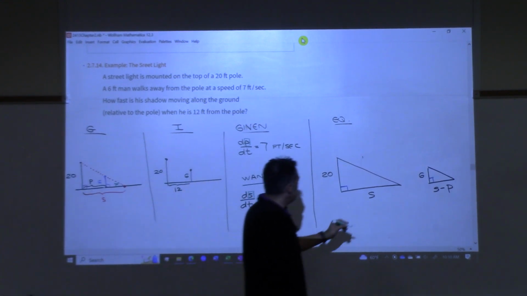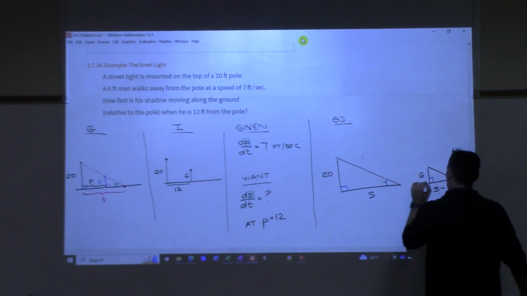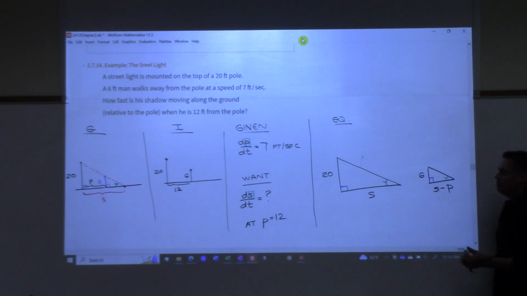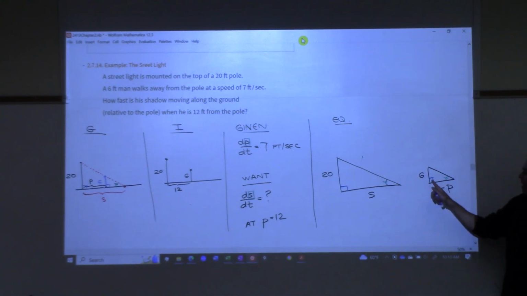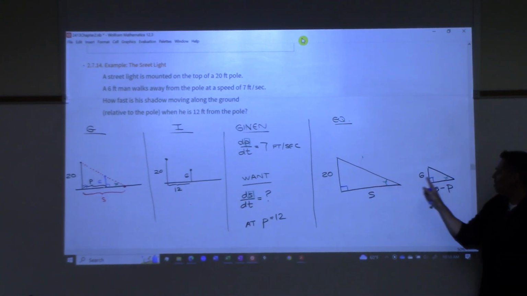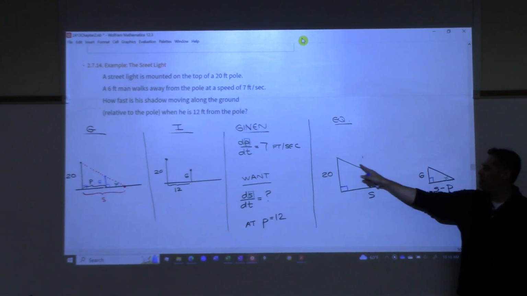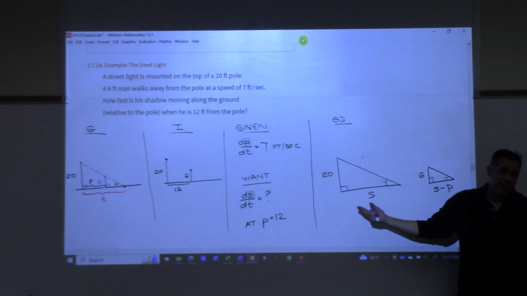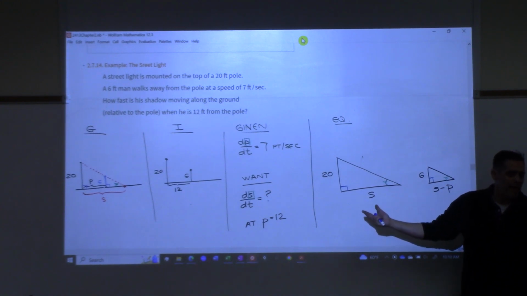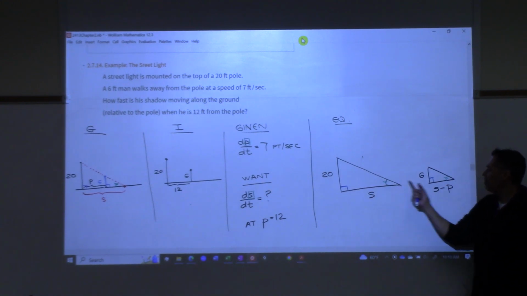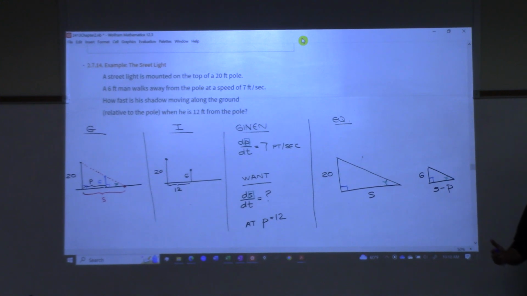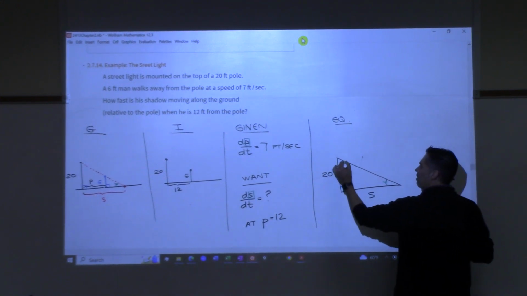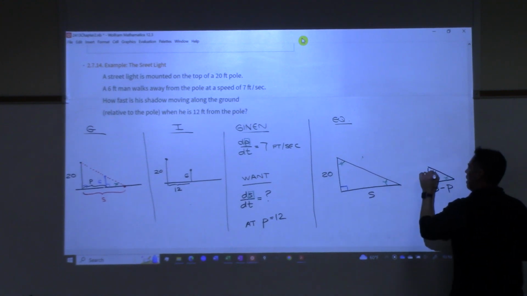So those two angles are the same. If they both have a 90 and they both have this angle the same, then what can you tell me about these two angles? They have to be the same, because if two angles of a triangle are the same, then the third angle has to be the same because they have to add up to 180. So whatever this angle is, it's the same here.